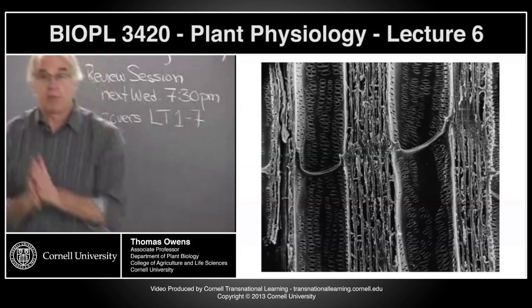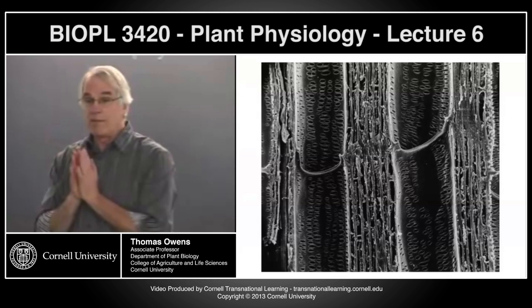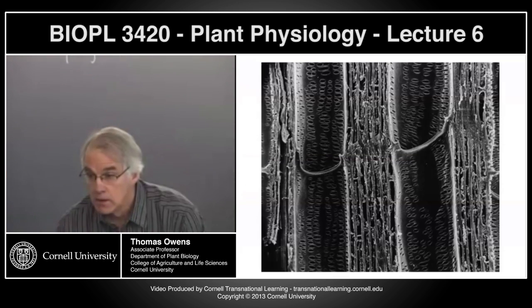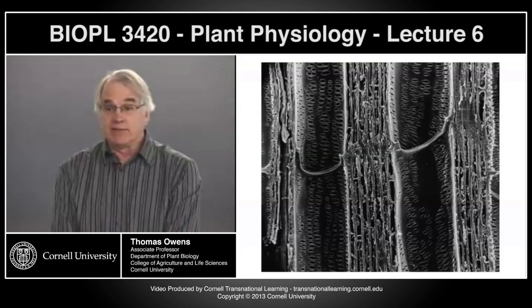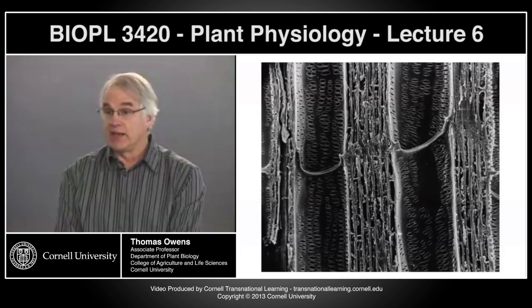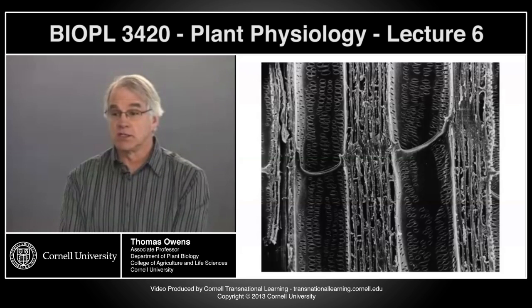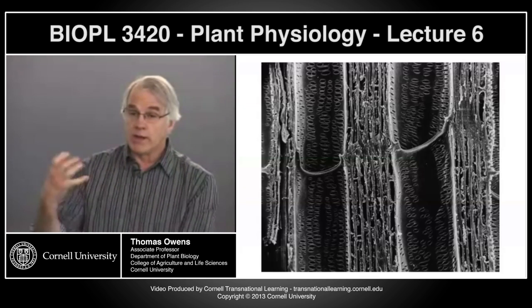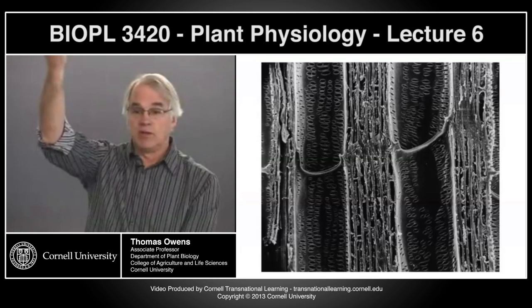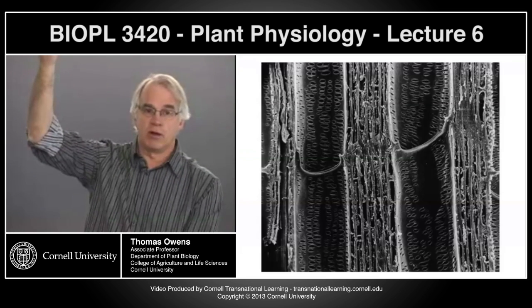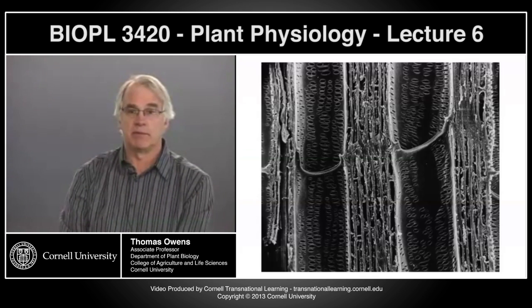Okay, so just a couple of things to remind us of the big picture as far as water transport in the xylem. It's evaporation in the leaves that's causing the negative pressure, right? And it's the interaction of the water with the cell walls that's doing that. But what allows the water column to be pulled up from the top? A property of water allows it to be pulled up from the top.